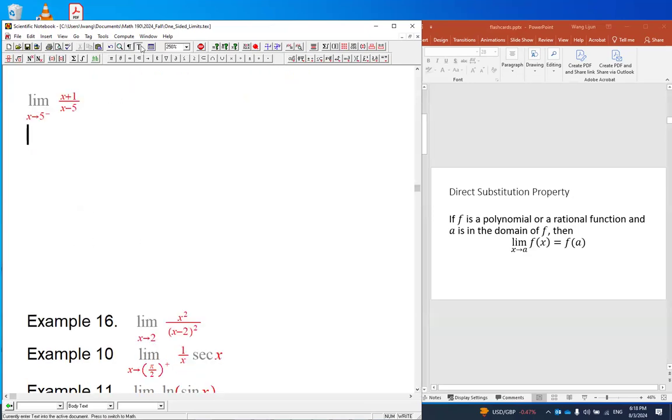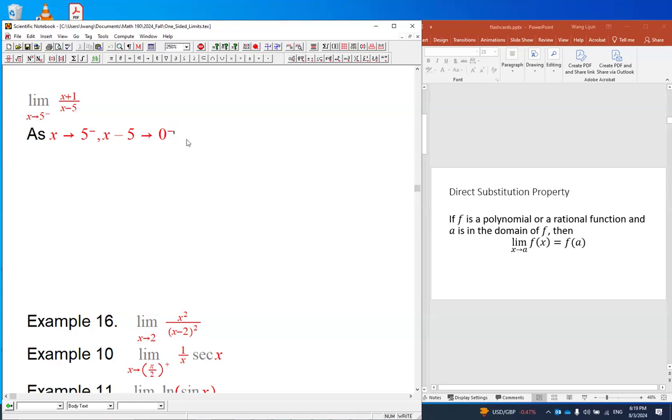So you can say as x approaches 5 from smaller than 5, then x minus 5 is approaching 0 from smaller than 0.